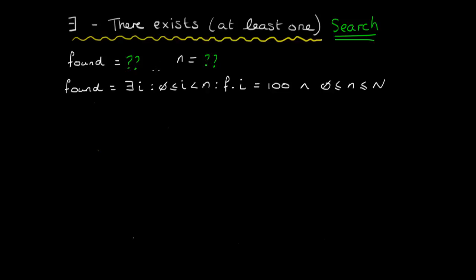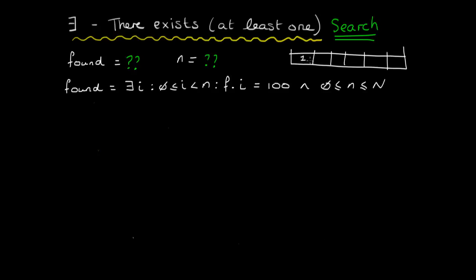So what we're trying to do here in this invariant is to say found is equal to, there exists an I where I is greater than or equal to 0, less than n, f.I equal to 100. So here we're saying in our invariant that we're dealing with an integer array. Okay, and let's just draw a little array here.